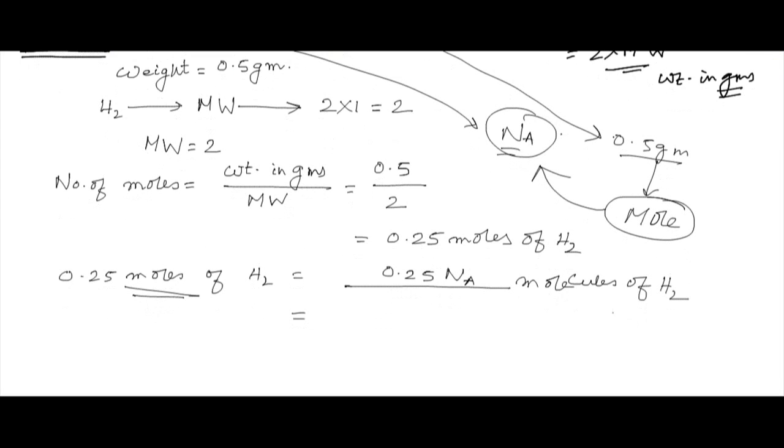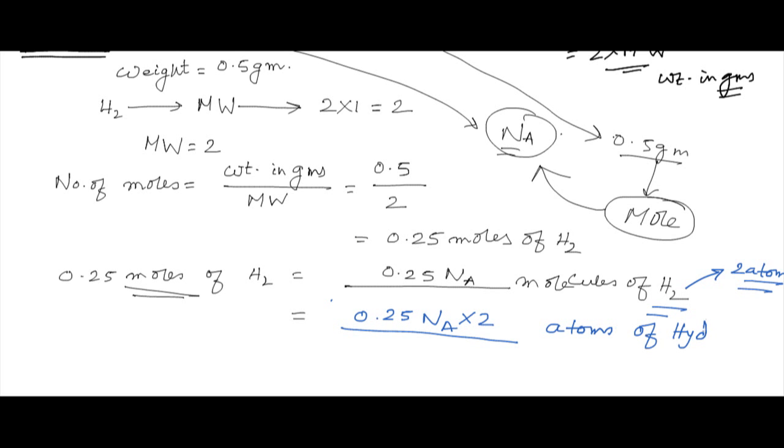So for atoms, in one molecule of H2, there are 2 atoms. So 0.25 Na into 2 atoms of hydrogen is present.